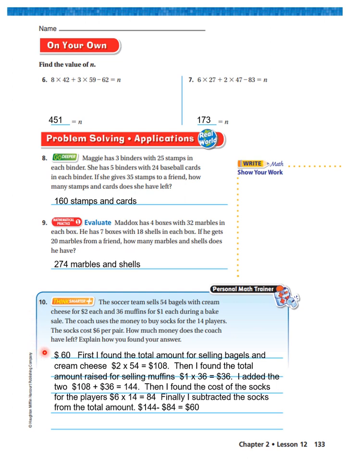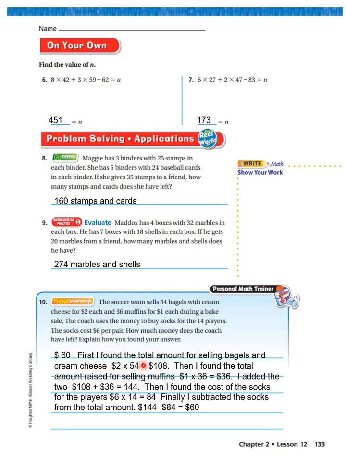Well, you have to go 54 times 2 and then 36 times 1. Okay? Find out how much that is. Then you have to go 14 times 6 and subtract that from that total.